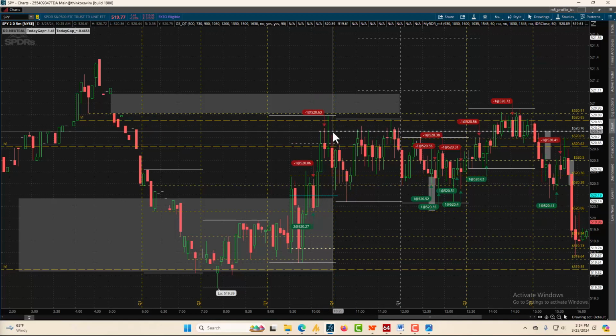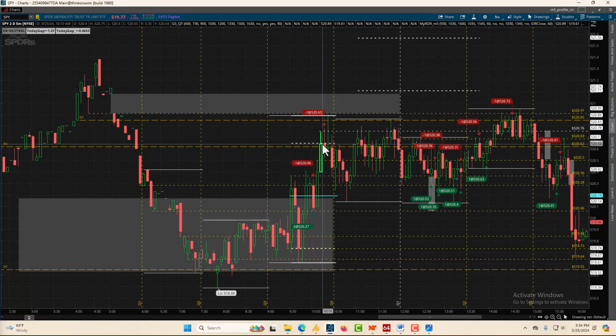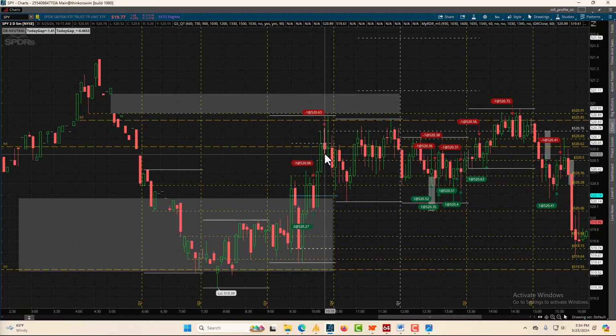We targeted 63. Yeah, we moved the stop loss a little bit right here when it got a little bit scary. So we got up here to 62. We put the stop loss just right there. But if we hadn't moved the stop loss too tight, then we could have hit this target.